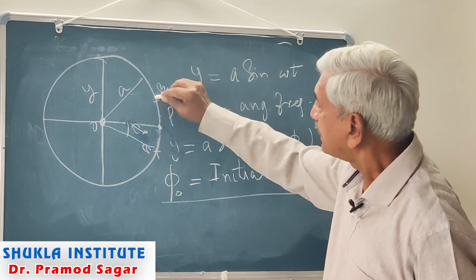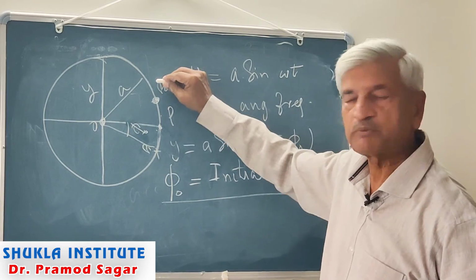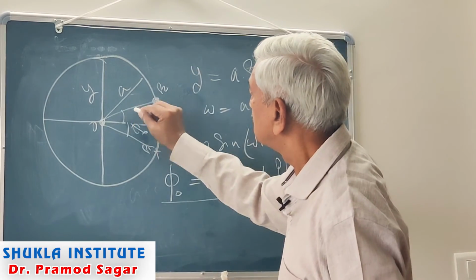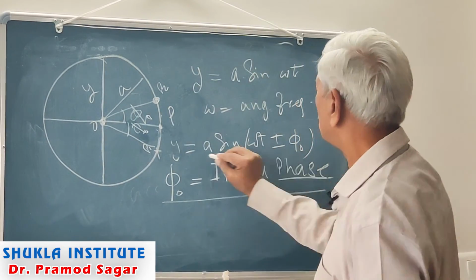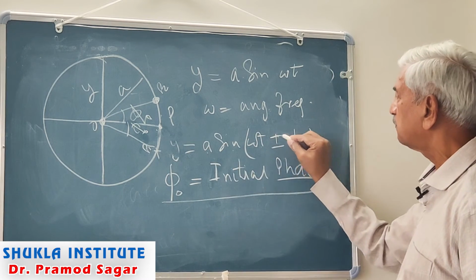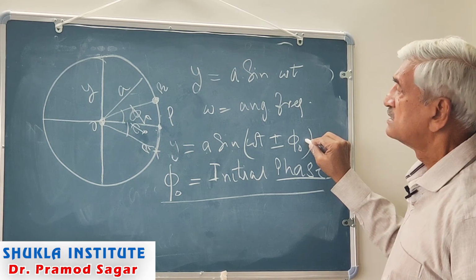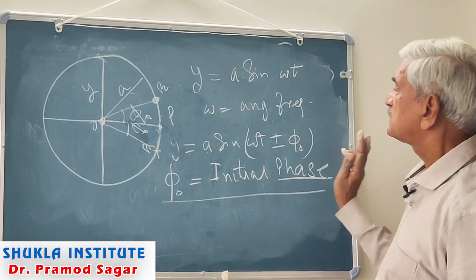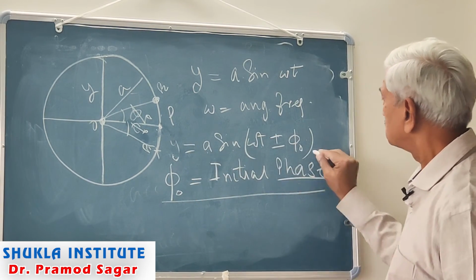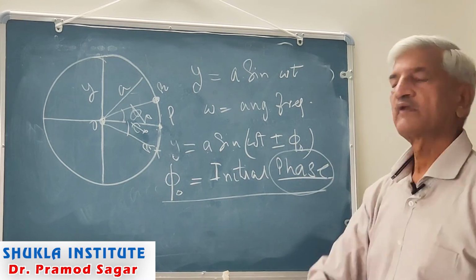It could be on this side, that is above the mean position, and in that case the equation would be y is equal to a sine omega t plus phi naught. Right? So this is the equation, and then the word phase.